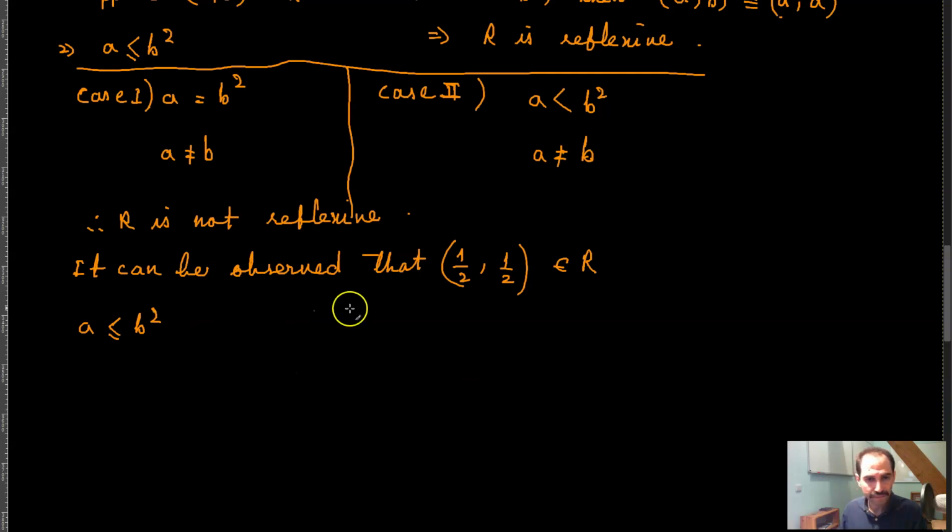Basically, taking this 1/2 for A, is it less than or equal to 1/2 squared? That means that 1/2 is less than or equal to 1/4. So here I'm saying that 1/2 is either equal to or less than 1/4, which is not true.